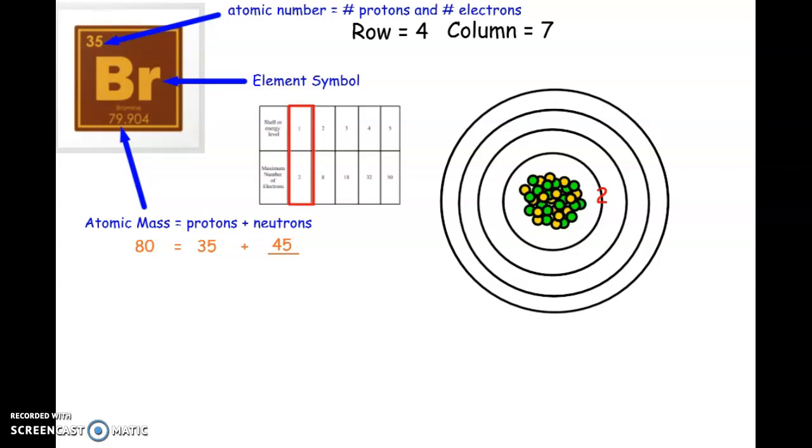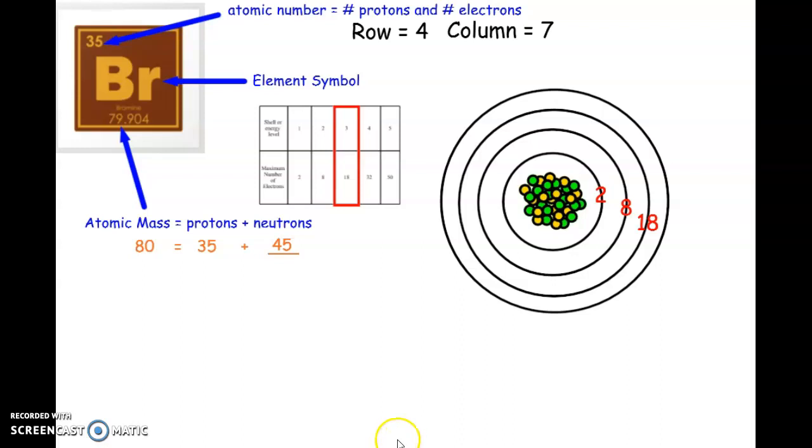The first shell can hold 2 electrons, so I have labeled that as 2 over on the right. The second energy level or shell can hold 8 maximum. The third energy level or shell can hold 18. So right now we have 2 plus 8 plus 18 for a total of 28.